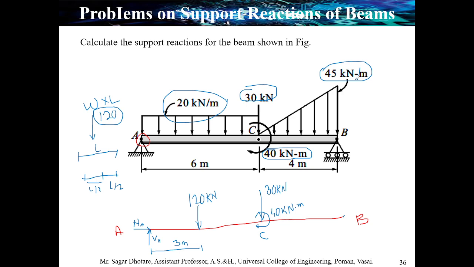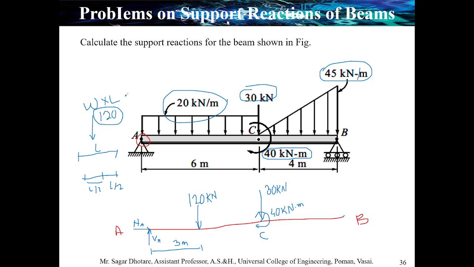Now how can we place and convert the uniformly varying load? We have seen the uniformly distributed load, and it also has some equations, so based on that we can convert the uniformly varying load into a single point load.